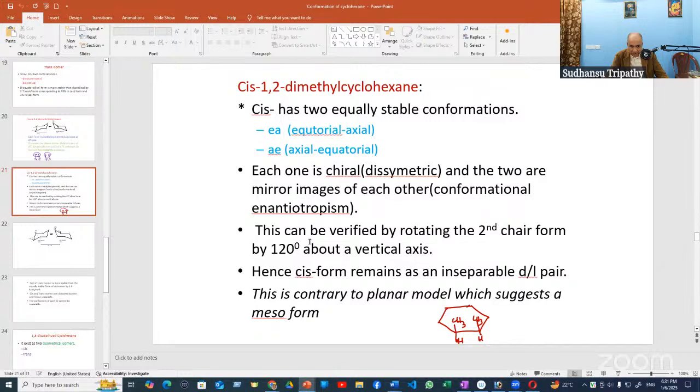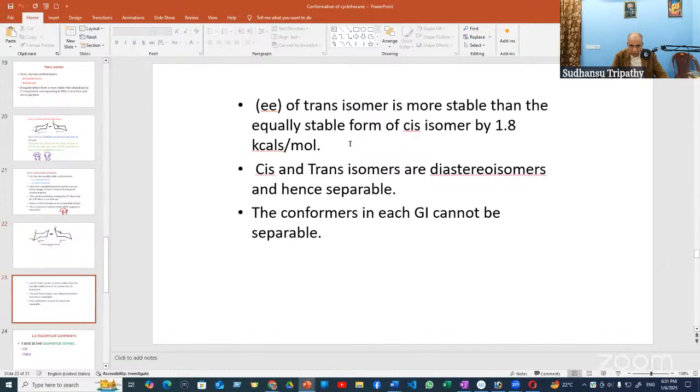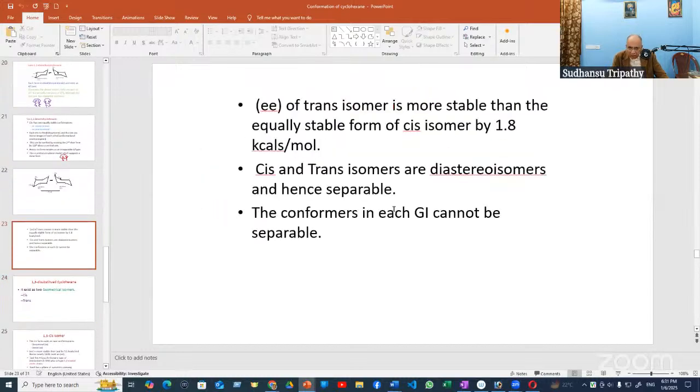And cis has an interaction energy of, oh, this is 1.8, okay. Yeah, but the trans isomer is more stable than the equally stable form of cis isomer by 1.8.